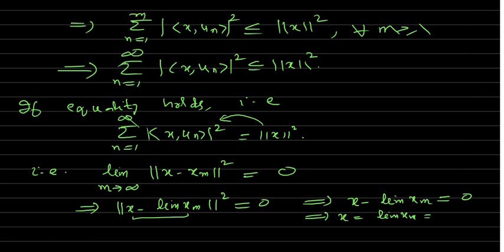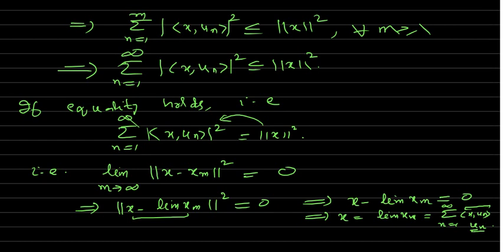Xm is the sum n runs from 1 to m, and in m approaching infinity it will be n runs from 1 to infinity, this x un then un. So x is equal to sum n runs from 1 to infinity inner product of x un, then this un factor, this is the multiplication of this scalar x un with vector un. So if the equality holds, then x is of this type, then x is this series.